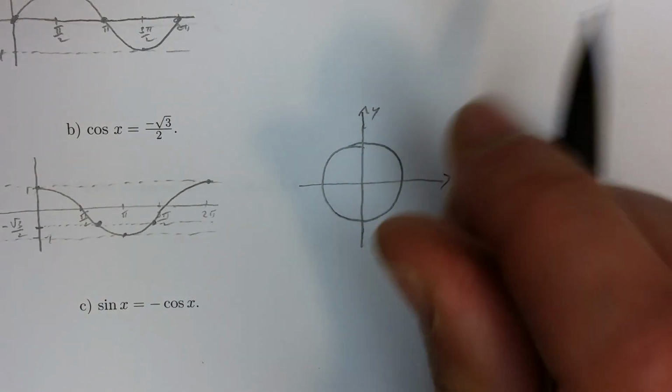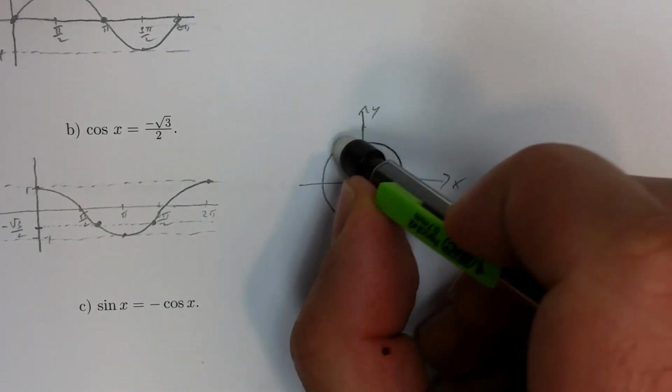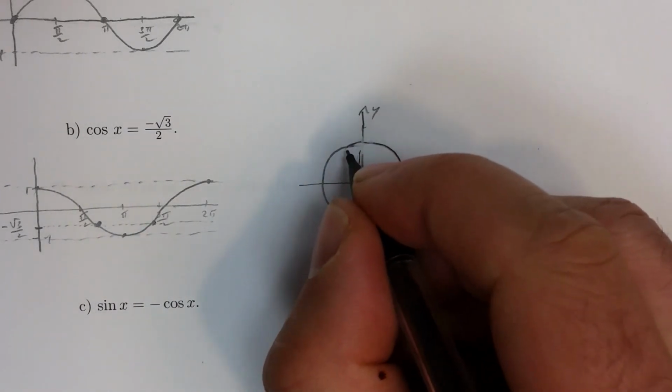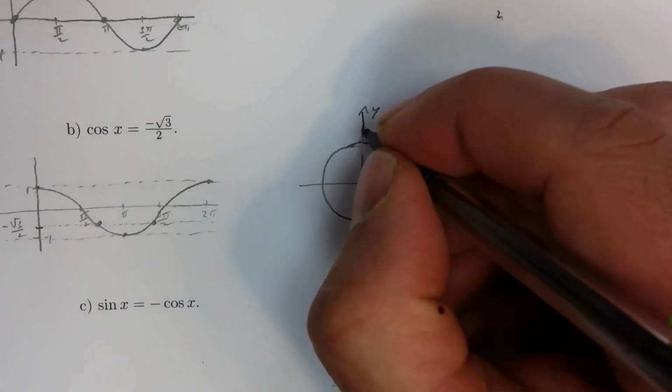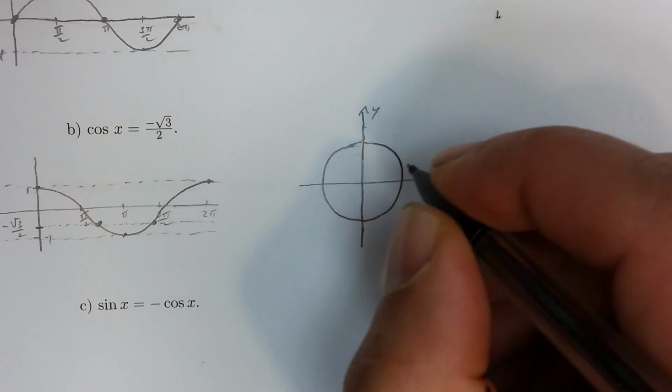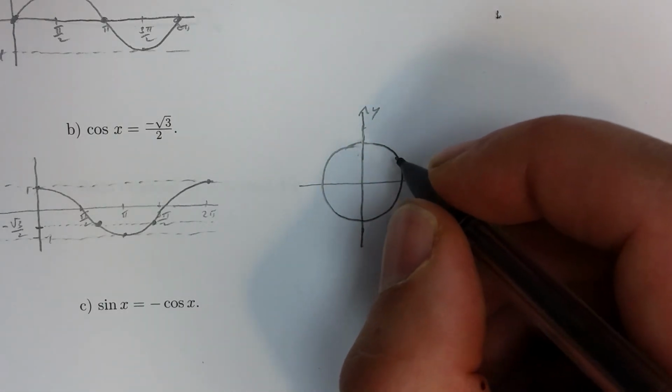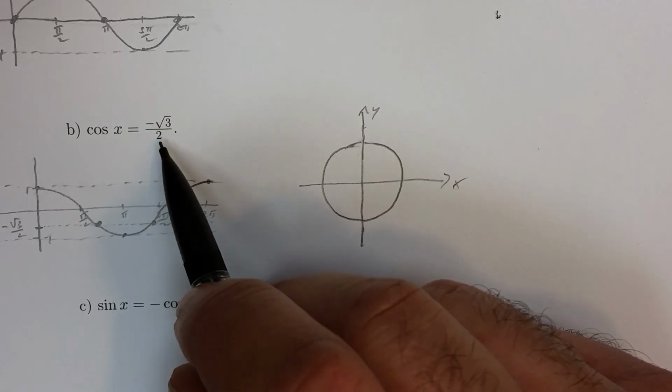We know for a general point on the unit circle, cos describes the x-coordinate, and sine describes the y-coordinate if our angle is theta.